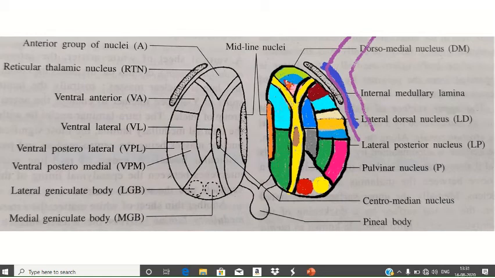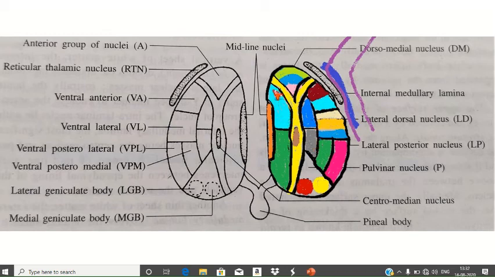Okay, so anterior 3, then lateral is the biggest complex compartment. In the lateral we have seen 2 in the ventral anterior, 3 in the ventral lateral, 2 in the ventral posterior. And then here you can see 2 in the dorsal compartment: lateral dorsal, this blue one, and behind it the lateral posterior.